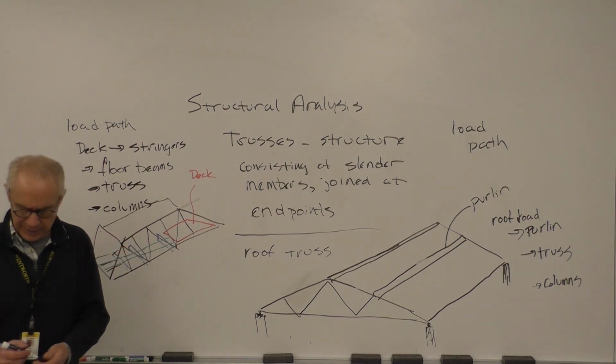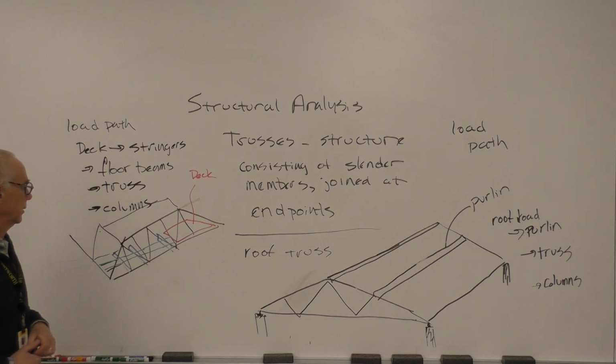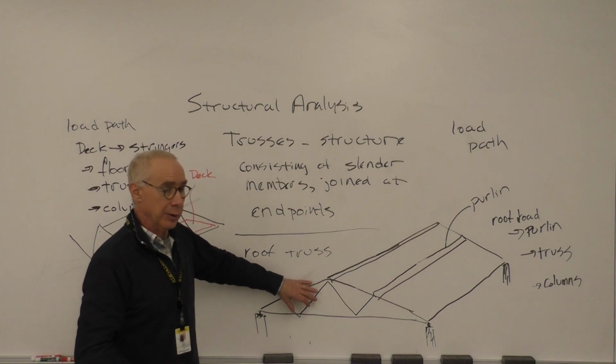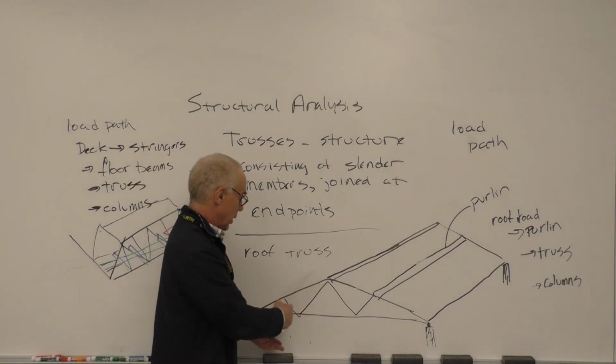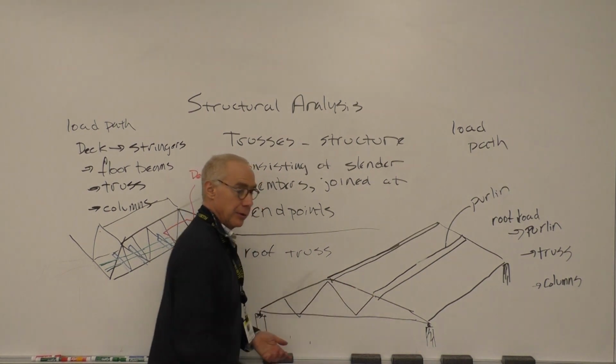Now there are some simplifying assumptions that we're going to make in analyzing these trusses. And what we're going to do is analyze these trusses so that we can tell, based on a given loading, what the compression or tensile force is in every one of these members.